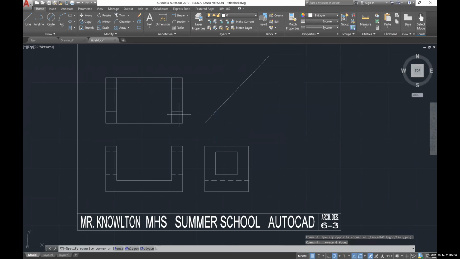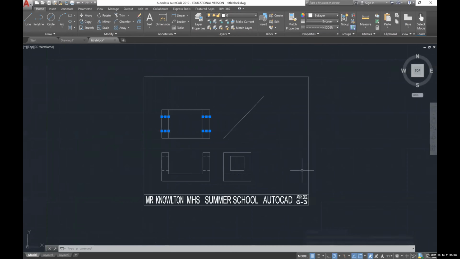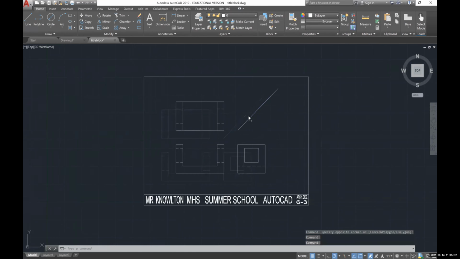I'm going to turn these into hidden. And that's all there is to it. So I'm going to move it into the middle. Okay, looks good. And there's 6-42.